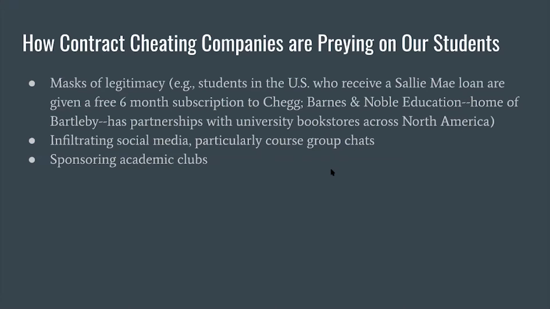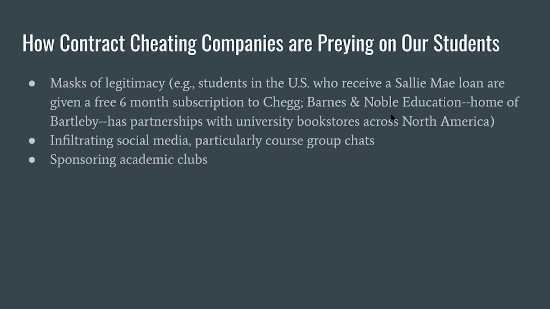As well, the companies infiltrate social media, so those math chat groups that the students are in, which I would argue are ultimately very healthy if they would just get out of them during assessment time. They're infiltrating those. They're also, I recently learned, offering to sponsor academic clubs, math clubs and such.